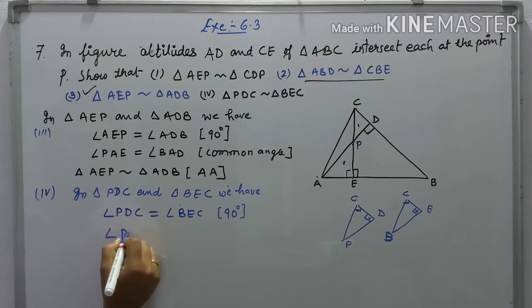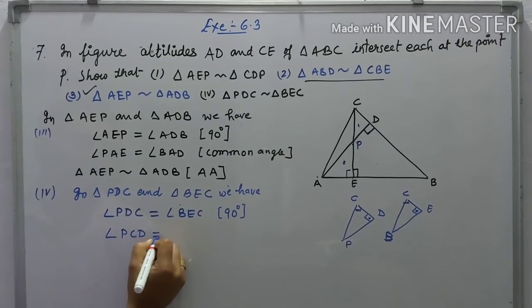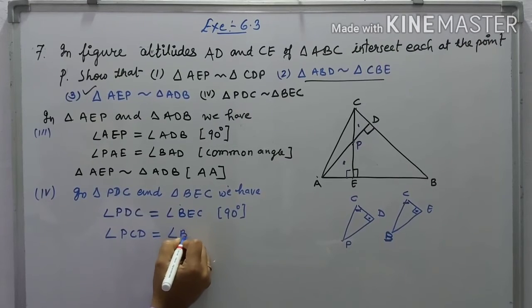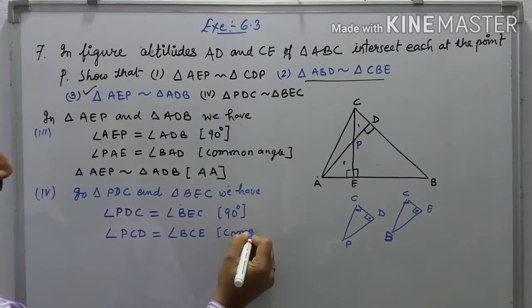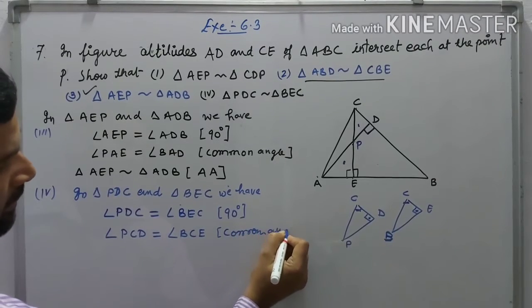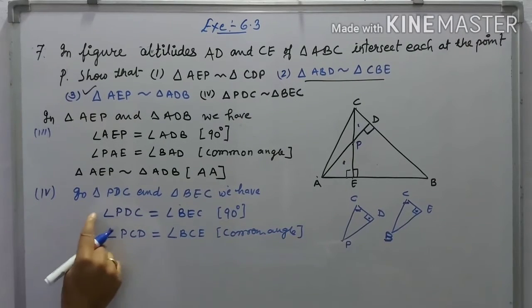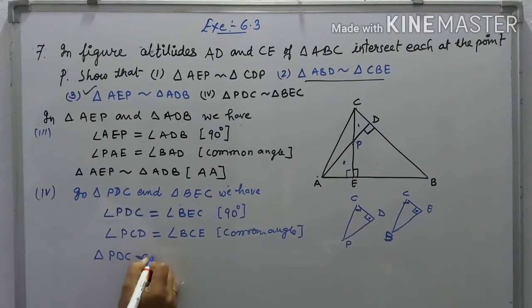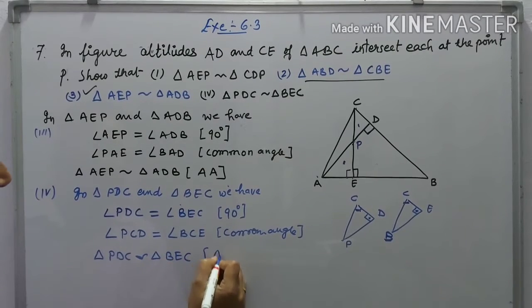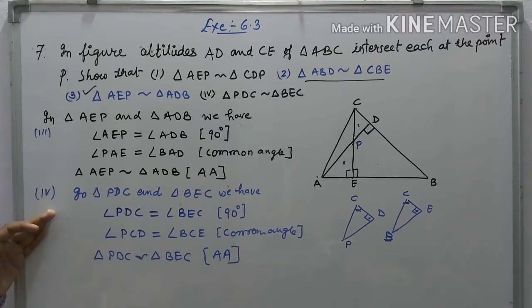So write angle PCD equal to angle BCE, a common angle. Two angles match. Now write triangle PDC is similar to triangle BEC. Why? Angle-angle similarity. Okay, so that proves the fourth.